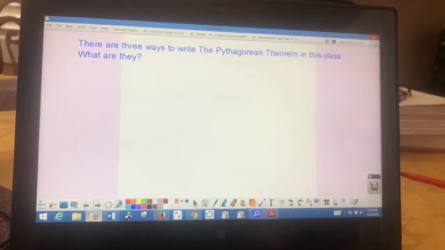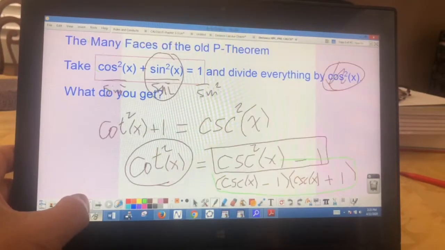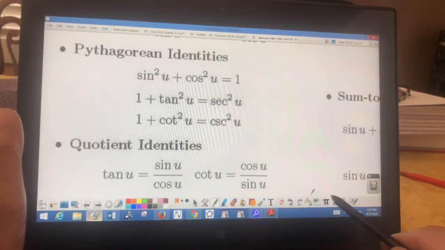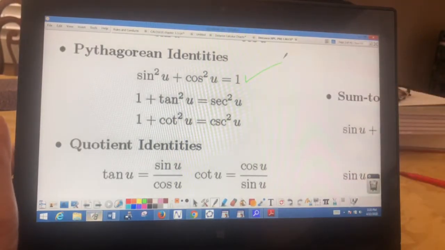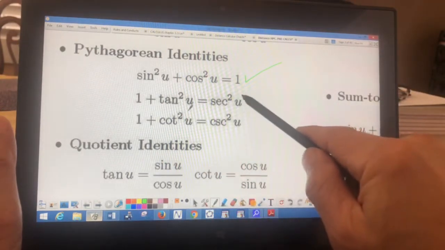There are 3 ways to write your Pythagorean theorem. Let me go back to where we came from in the last video. So those are your 3 ways to write the Pythagorean theorem in trigonometry. One way, sine square plus cosine square equals 1. 1 plus tangent square equals secant square.